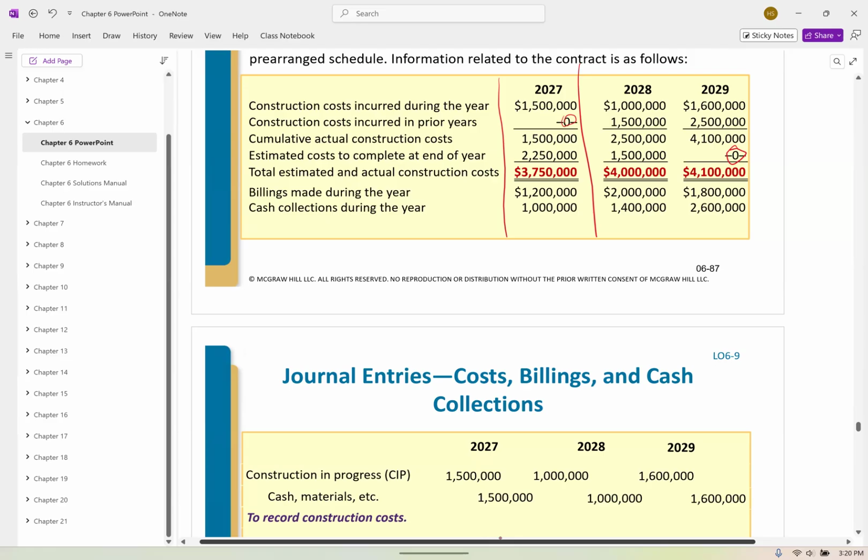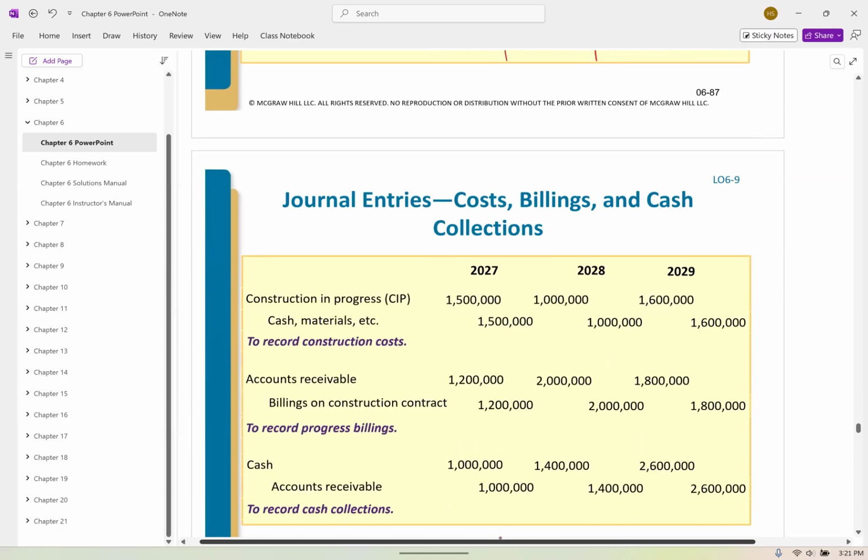So our estimated cost to complete at the end of the year: we're estimating 2.25 million is going to cost us to finish it up. What we've already put in is 1.5 million, and that gives us the total estimated and actual construction cost of 3,750,000. We billed 1.2 million and we collected 1 million.